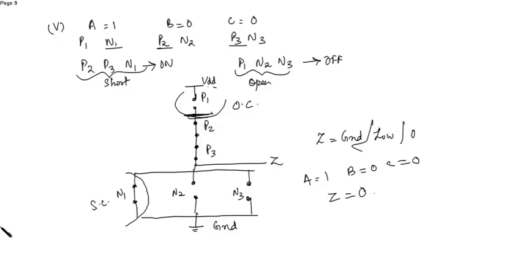Now let's see the next condition. When A is equal to 1, B is equal to 0, C is equal to 1. P1 and N1, P2 and N2, then P3 and N3.